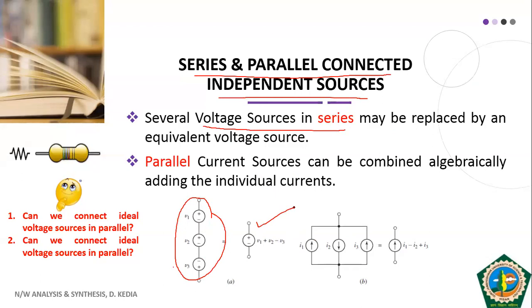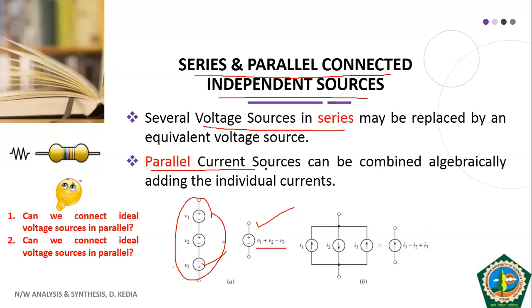The algebraic sum of all those voltage sources will give us one equivalent voltage source. You can see here we have plus V1, plus V2 and minus V3, because V3 is reversed here. So it can be replaced by a single equivalent voltage source whose value will be V1 plus V2 minus V3.